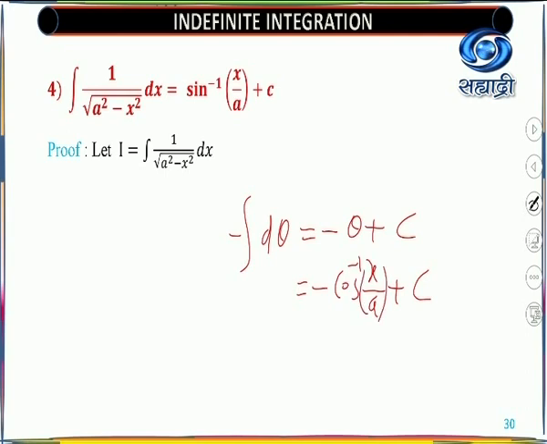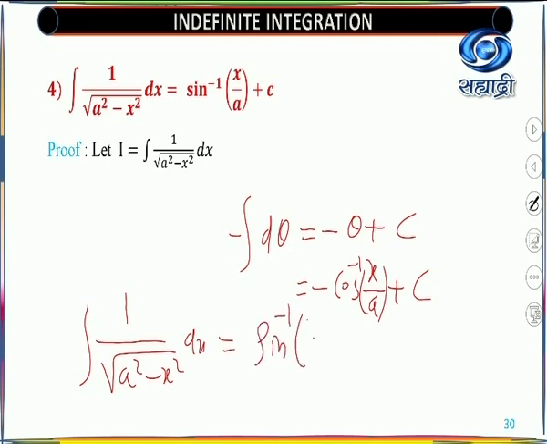So now there will be two formulas. It depends upon your formula. Integration of 1 upon root of a square minus x square dx is equal to either sine inverse x by a plus constant of integration, or minus cos inverse of x by a plus constant of integration. Now these two formulas are similar.